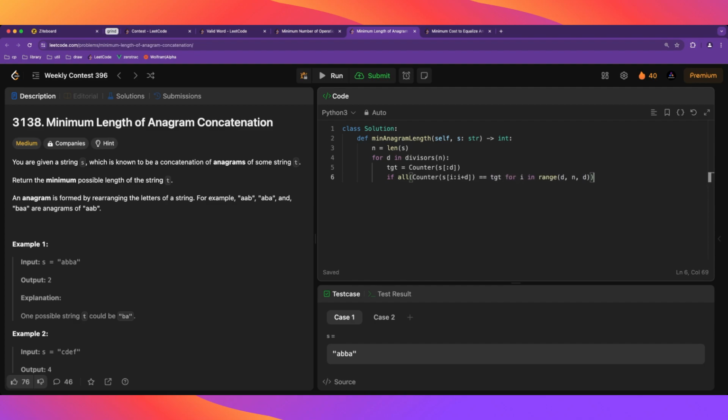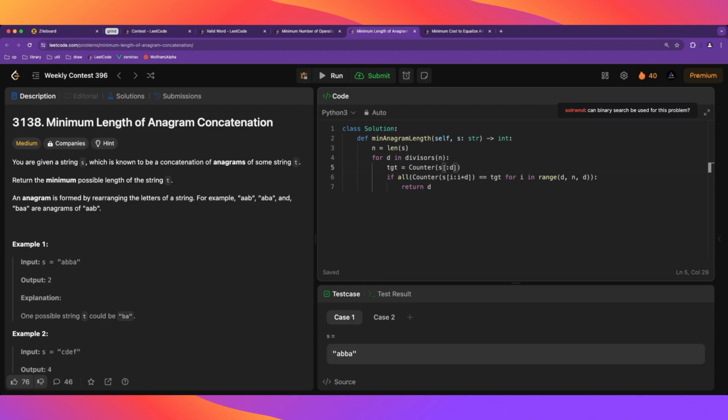And if they are all equal to the target, then we found a solution and we return it. And we are guaranteed to find one, we don't need to do anything else because, in the worst case, n is a divisor of n, and n trivially works.